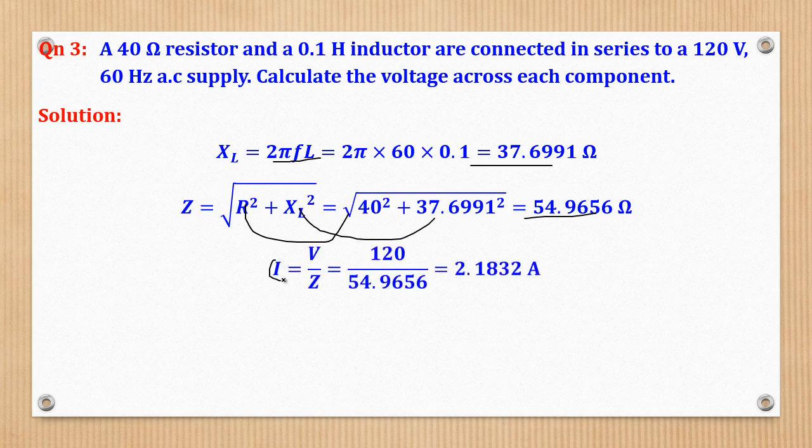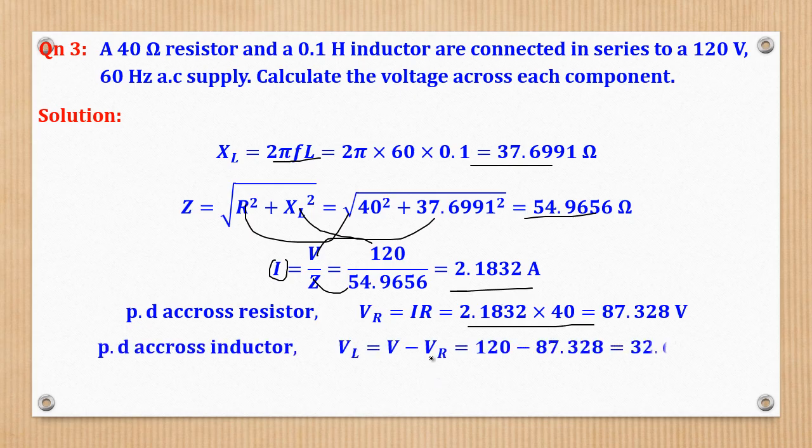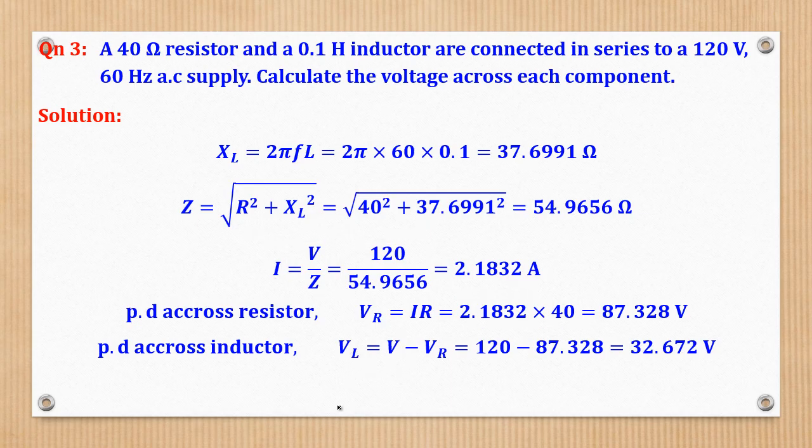Therefore total current will be equal to V over Z, which is V here, Z is here to give you this. Therefore, now that I know total current, I can get the PD across each. So PD across the resistor is IR to give you this, and PD across the inductor is IXL. So here there are two ways you can do it, because we know that total PD is equal to the sum of these two. Or another one can say VL is equal to IXL, it is still okay.